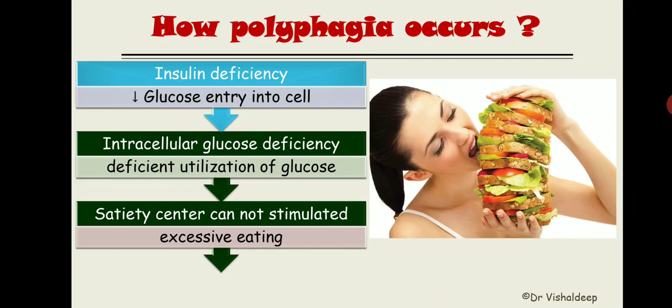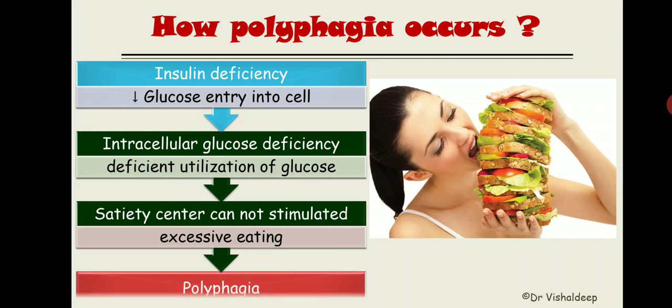Most of the time when the satiety center gets activated, it inhibits the hunger center. Now in our case, because glucose does not enter the satiety center nuclei, it will ultimately lead to overactivity of the hunger center, and that condition is known as polyphagia.